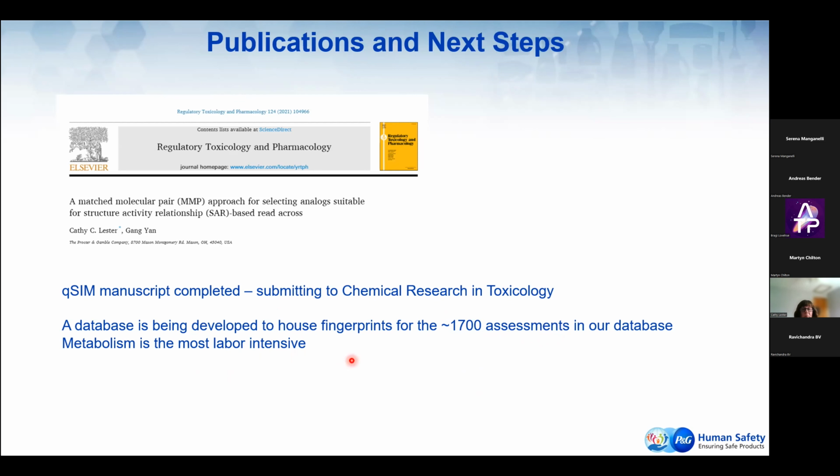So we are building that database and populating that. And then at that point, we should be able to populate a database with the different similarity components for all 1,700 of our SOIs, and then however many thousands of SOI analog pairs we have.